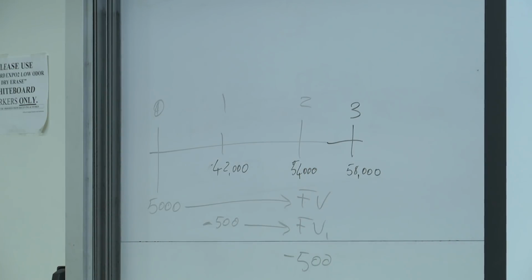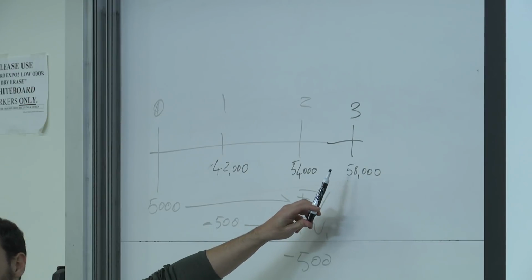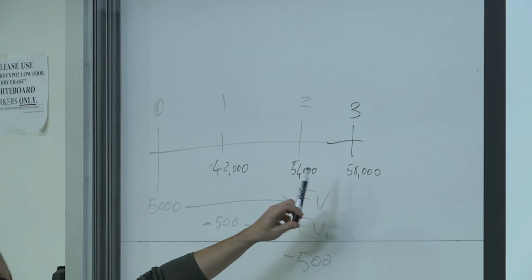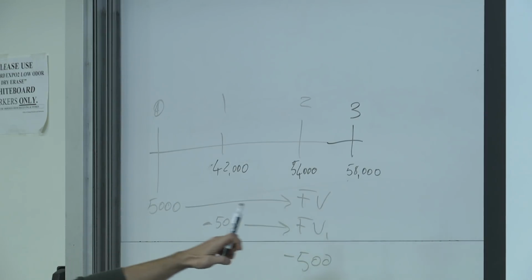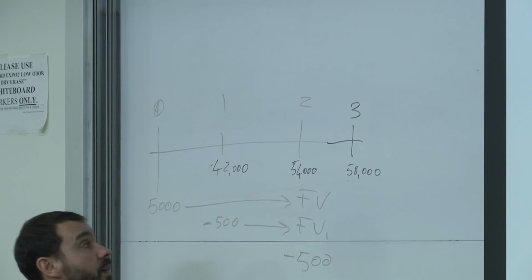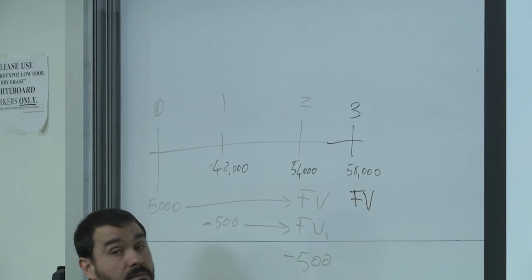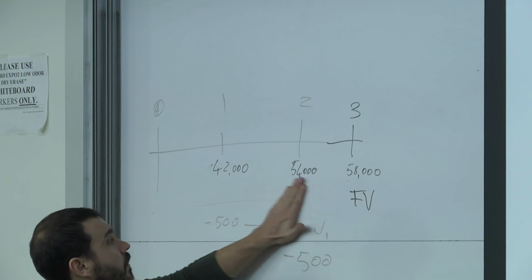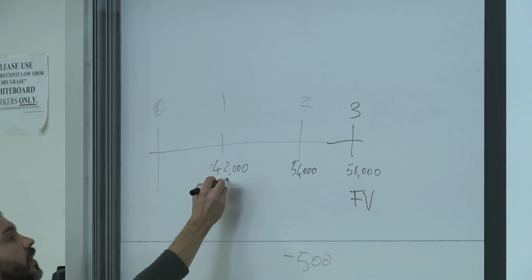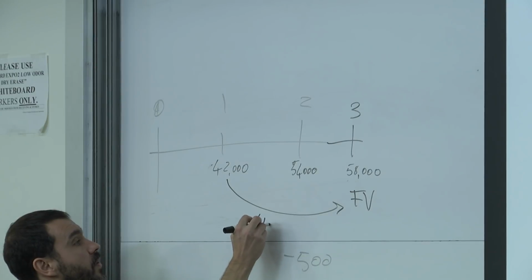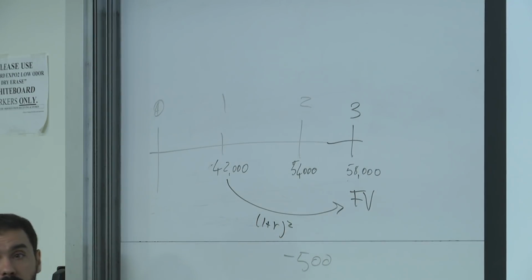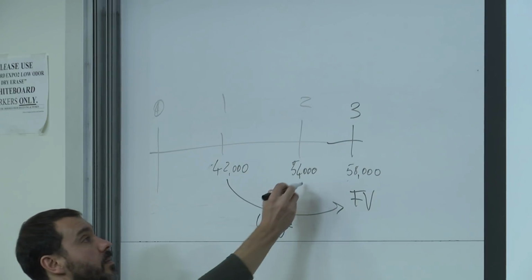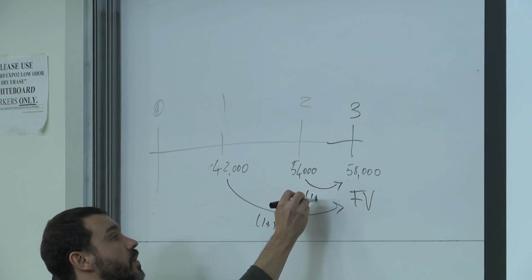The last one doesn't really earn interest at all, since it happens in year 3, and I'm trying to compute the future value at year 3. So I only need to take care of the first cash flow, which earns 1 plus R twice, for 2 periods, and the second, which earns 1 plus R once.